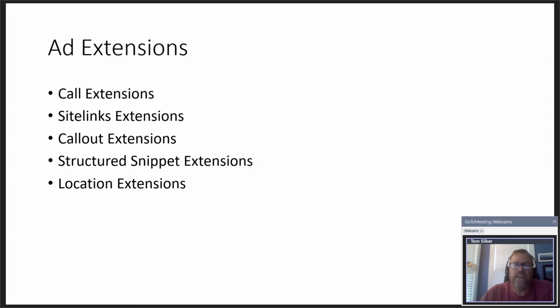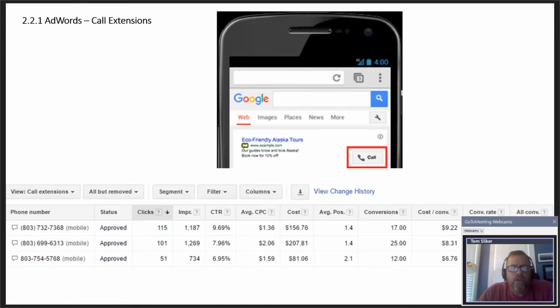I'll just give you an example of these call extensions. A call extension is where, on a mobile device, when somebody looks at your ad, they're going to have a call button right there. These are extremely effective. If you notice, there's a click-through rate of 10% on these different numbers. That's a call extension.